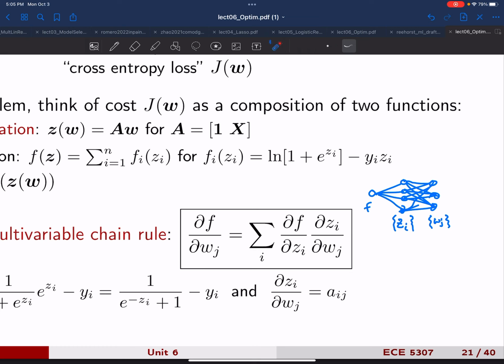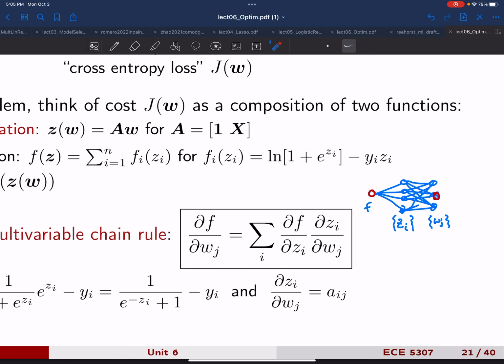So this is the transformation from the w's to the zi's, and then from the zi's to f. And what the multivariable chain rule says is that if you want to take a specific one of these, I'll draw it in red, and f, and you want to say, how do I compute the gradient from this wj to f?